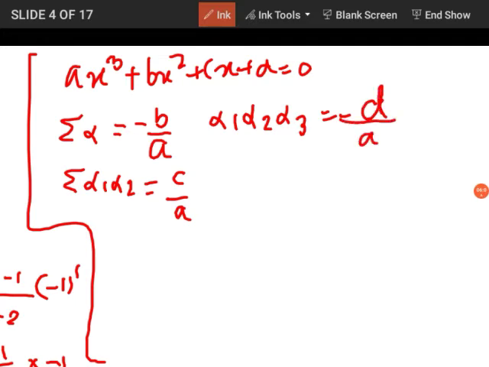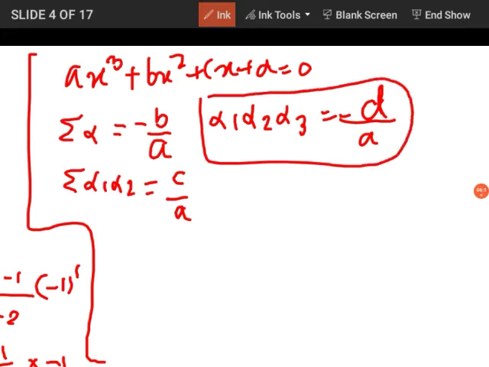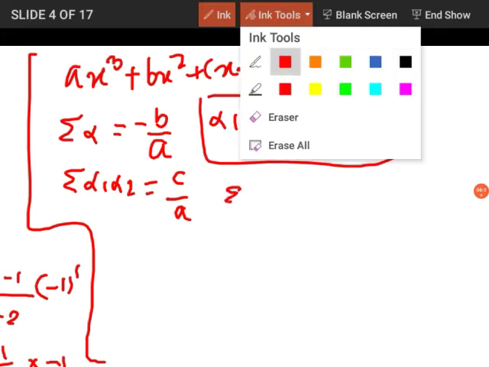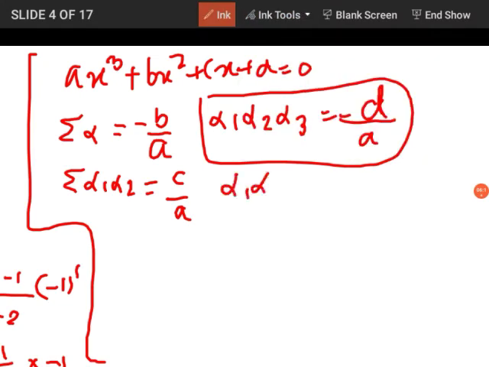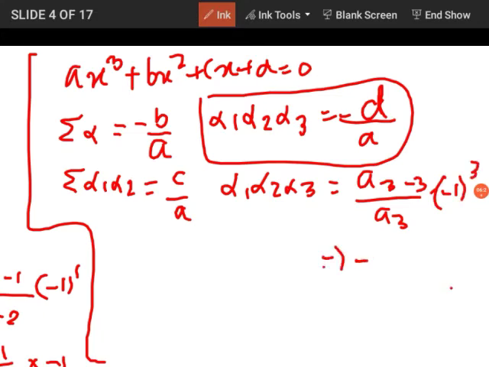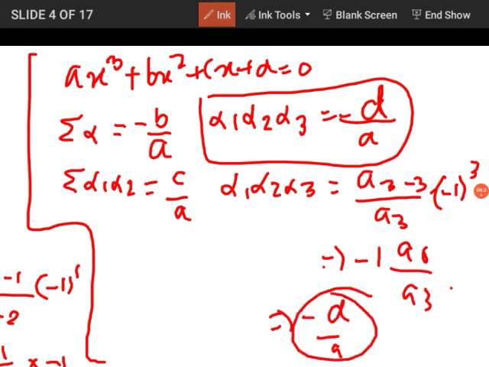Again, I am showing you how. The product of the roots, alpha 1 alpha 2 alpha 3, will be a naught upon a3 multiplied by minus 1 to the power 3, so this will be minus a naught upon a3, and if you take a3 as a and a naught as d, then minus d upon a. That's how we got here.